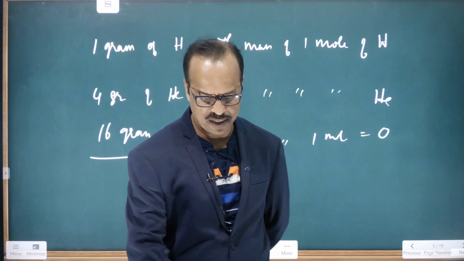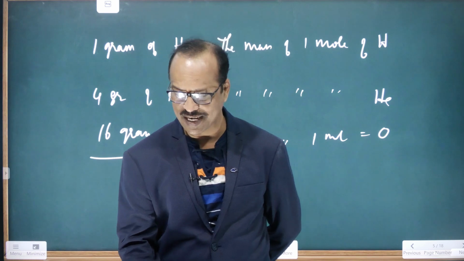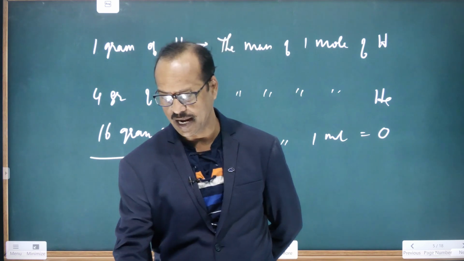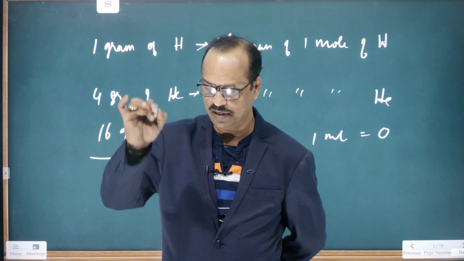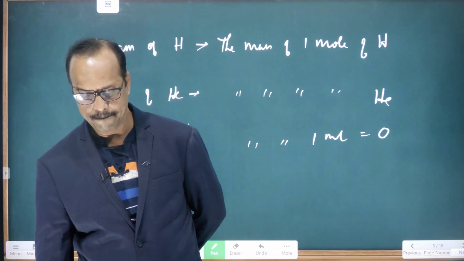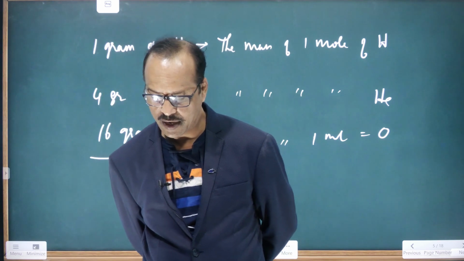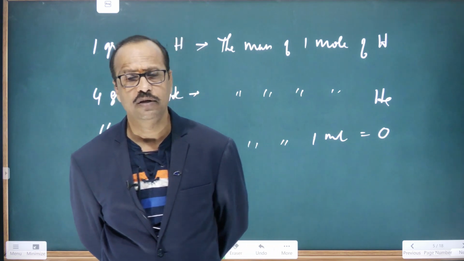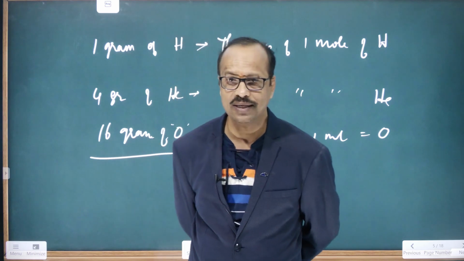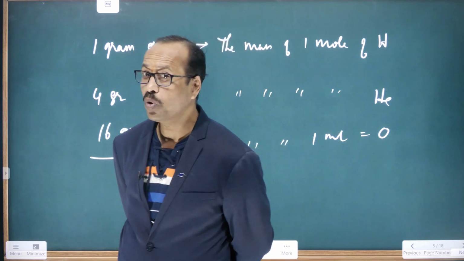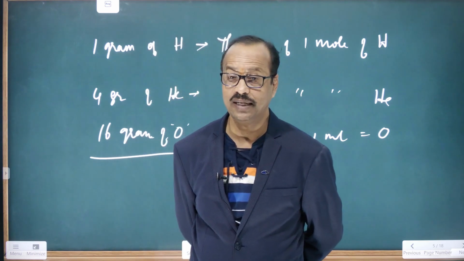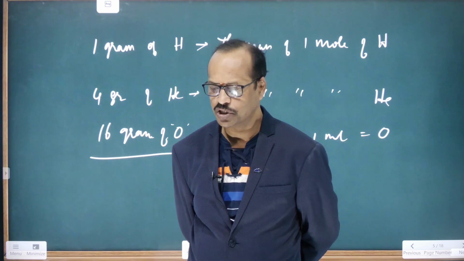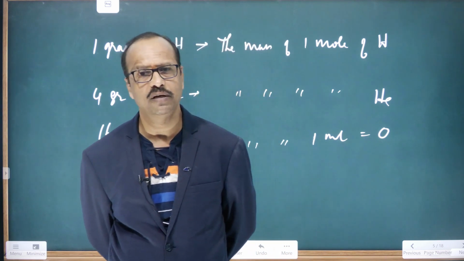If you see page number 51, you have a list of 30 elements, right? Mass numbers are given. For example, nitrogen. Nitrogen mass number is what? 14. So, if anyone asks you what is the mass of 1 mole of nitrogen atoms in terms of grams, just see what its mass number is. 14.